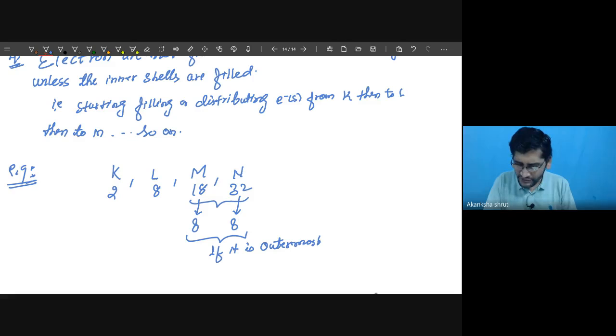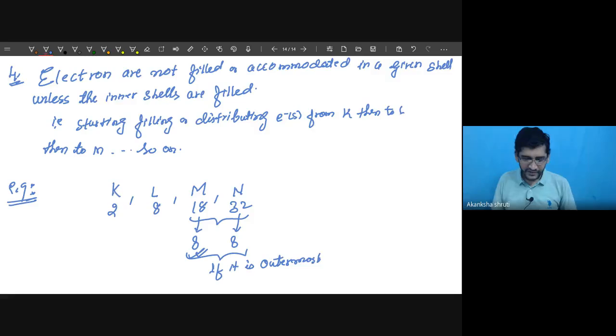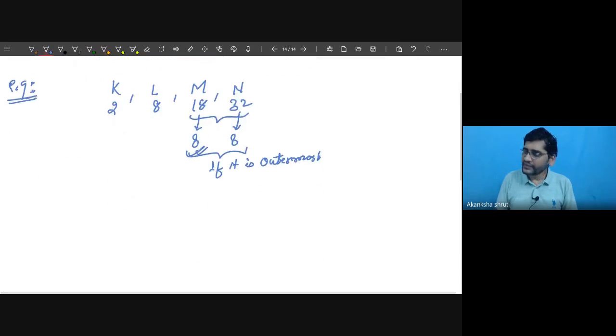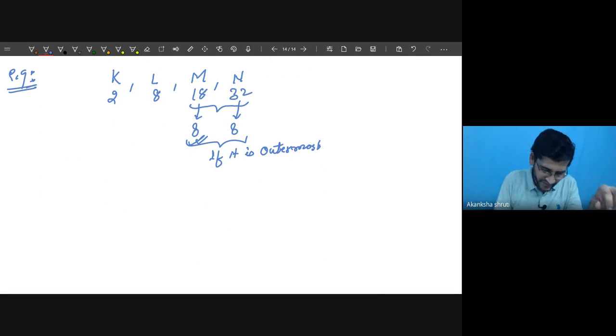If M is the outer one, then its maximum capacity is 8. So this capacity gets changed when it is outermost. If N is the outer one, meaning M is completely filled, then the maximum in N can be 8. So considering this, we have to do the distribution.